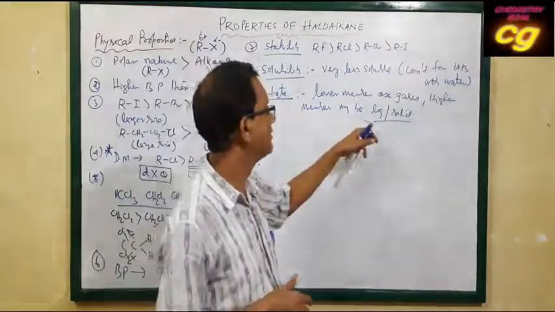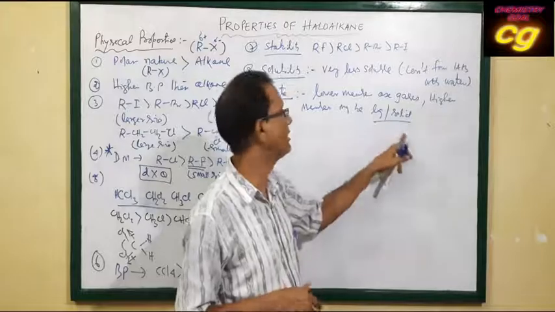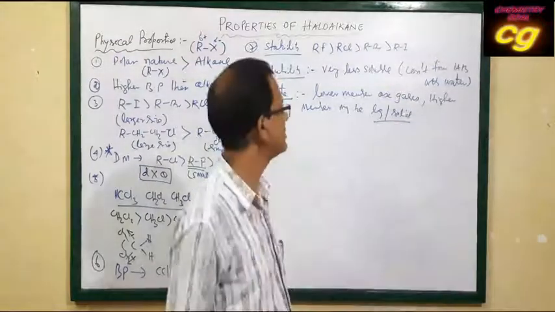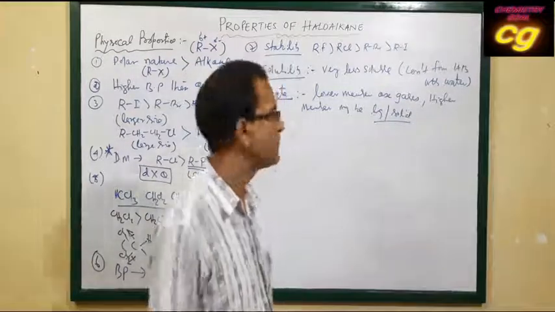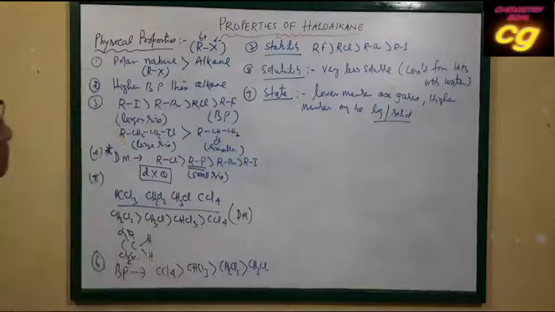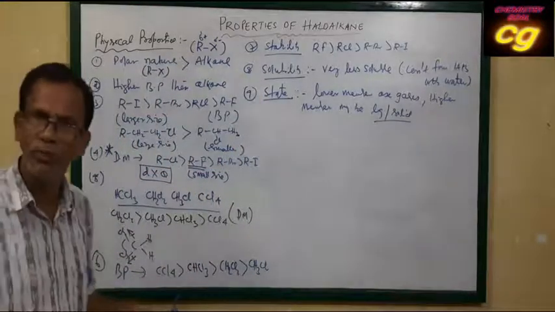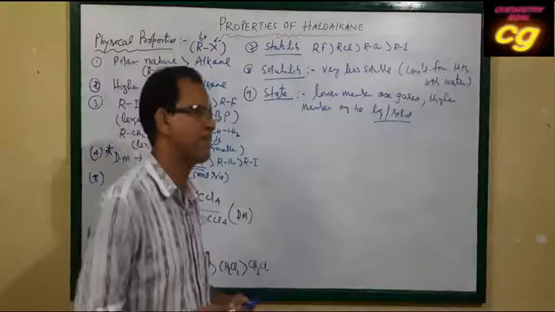Larger size, greater van der Waals force, so liquid or solid. But lower members, due to small size, are almost in gaseous state. Lower members of chloro compounds are also colorless gases.